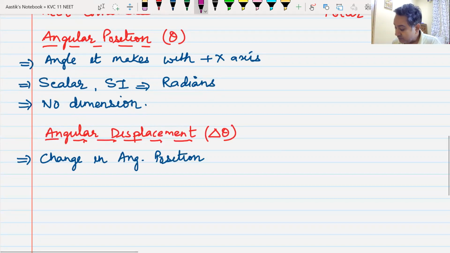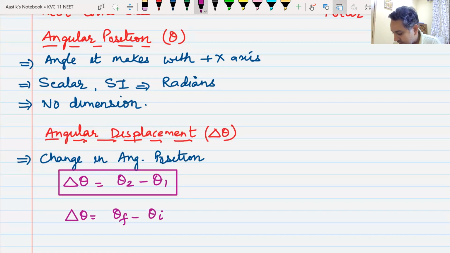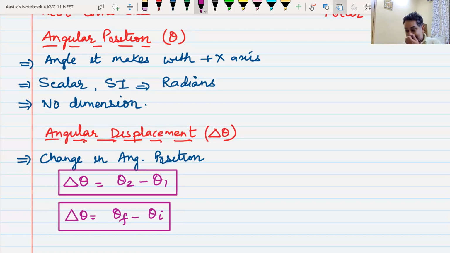That means your angular displacement delta theta will be theta 2 minus theta 1. Theta 2 is the final angular position. Theta 1 is the initial angular position. So you can write it like this, or you can also write it like this, theta f minus theta i. Is everyone understanding what we are doing here? Yes or no?